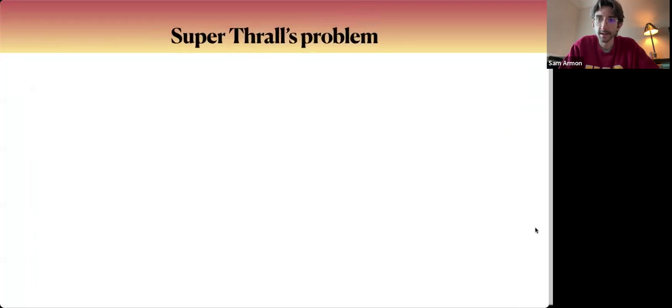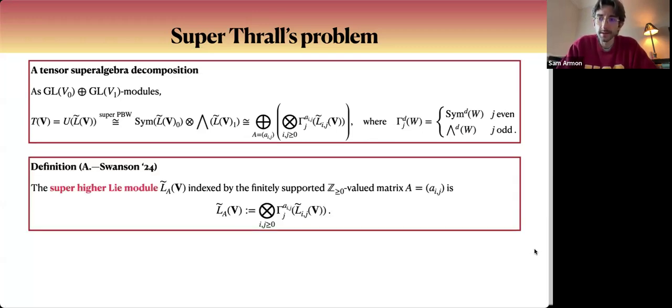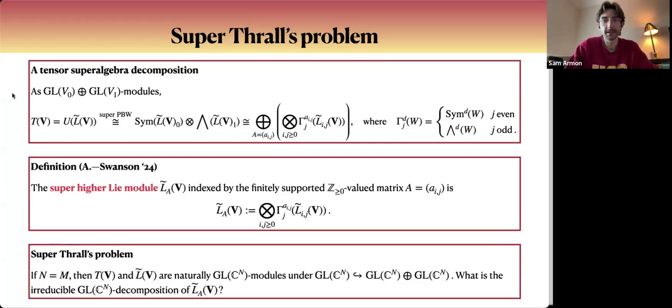All right. So now let's talk about super Thrall's problem. This is a pretty notation-heavy slide, included for completeness. I don't think I'm going to say much about it, but the upshot is that just as in the classical case, I can decompose the tensor superalgebra into submodules that involve the bigraded pieces of the free Lie superalgebra.